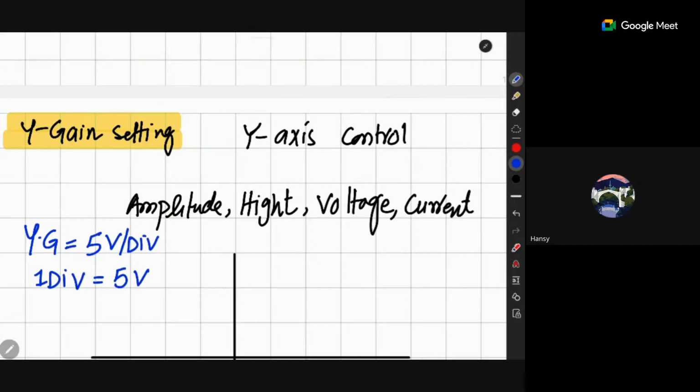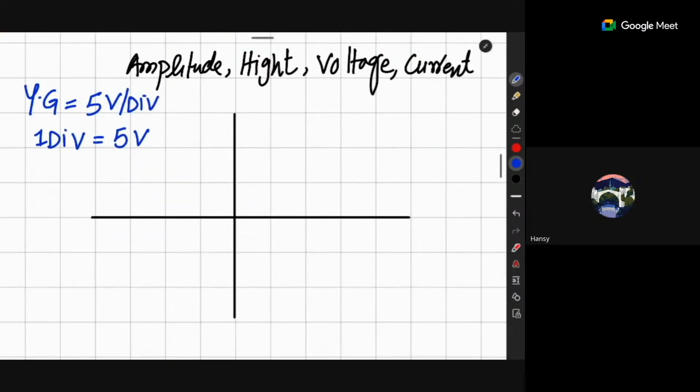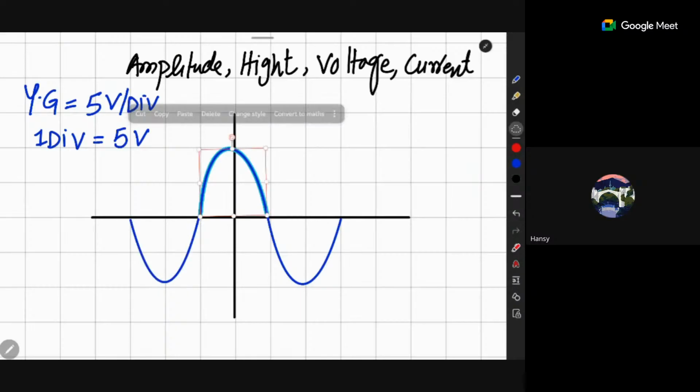Is this clear to everyone? Yes. So now I will draw a wave regardless of this amplitude, regardless of this frequency. I will just give you a simple wave, just to make it clear how many divisions I have and how to handle all this.